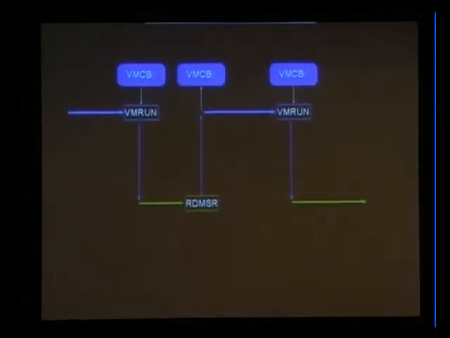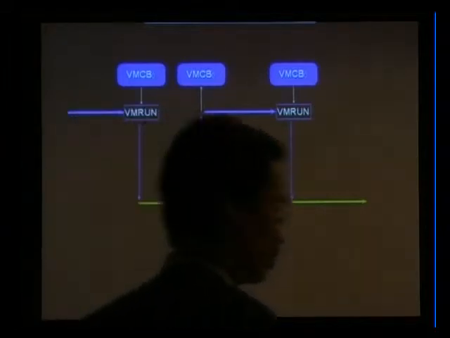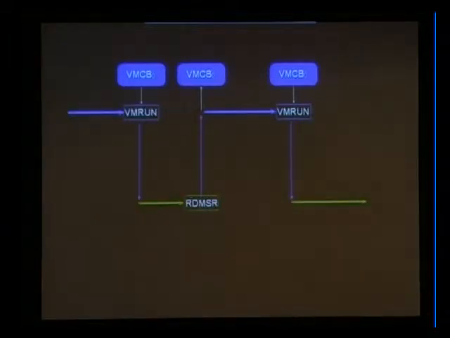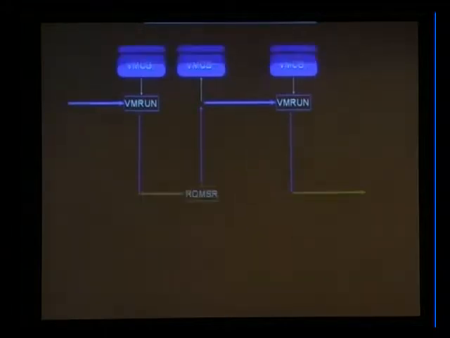Let's say we have to intercept the RDMSR instruction. If we set in the VMCB structure that we want to intercept this instruction, the CPU will generate a VM exit and return execution to the hypervisor. Then the hypervisor takes some measures to service this instruction, and runs the VMrun instruction again, and the guest continues.